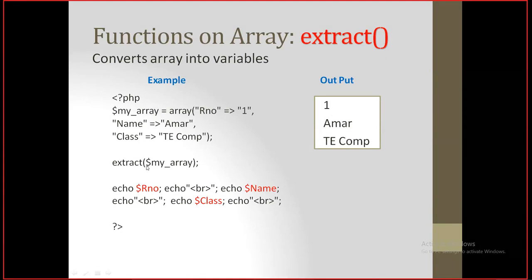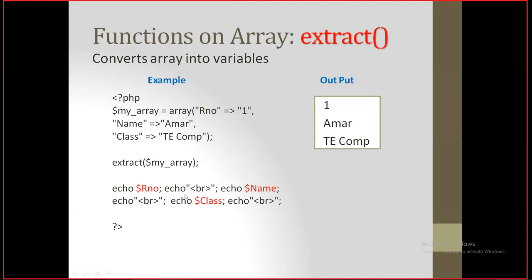So when we use the extract function and provide the array name, it will extract these keys and create variables with the names of the keys. So a variable will be created with the name rno, then a variable with the name name, and a variable with the name class.